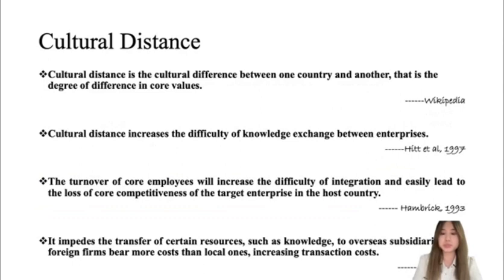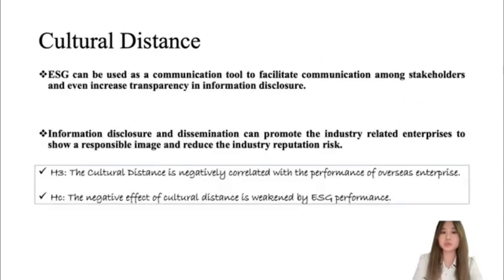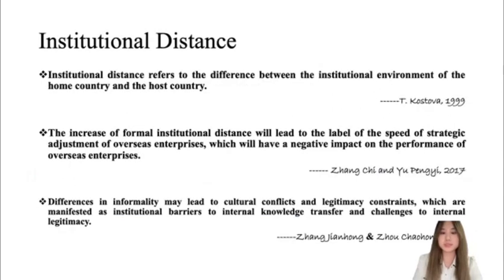Third, cultural distance. Cultural distance increases the difficulty of knowledge exchange between enterprises. So the hypothesis around cultural distance is also negatively correlated with the performance of overseas enterprises. Last, about institutional distance.